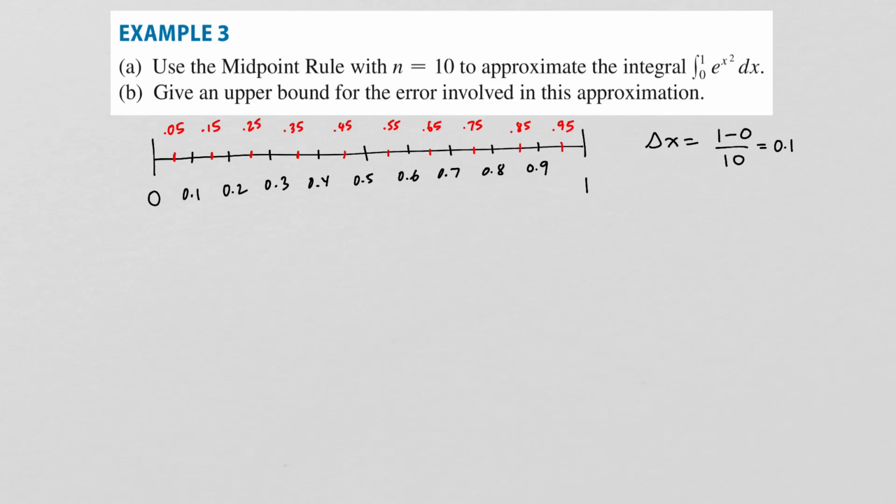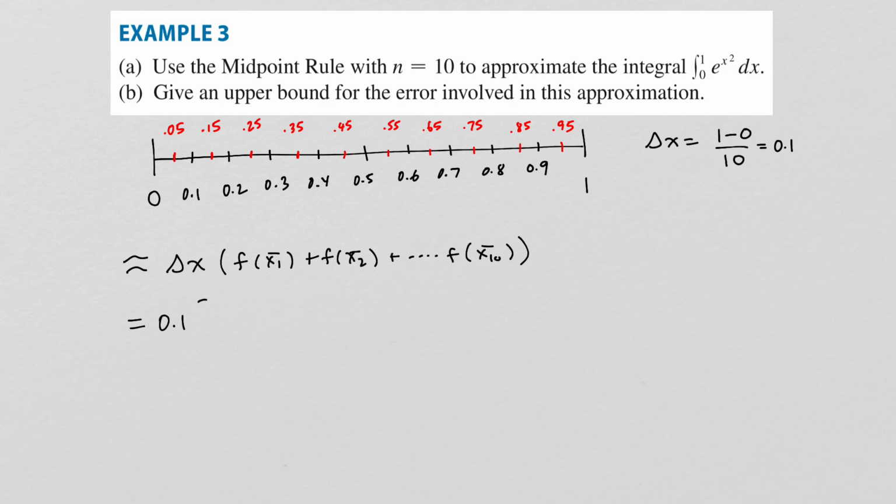And now the midpoint formula says that this integral will be approximately delta x times f of x1 bar plus f of x2 bar plus all the way up to f of x10 bar. Now this is going to be a pretty tedious process. Delta x is 0.1.